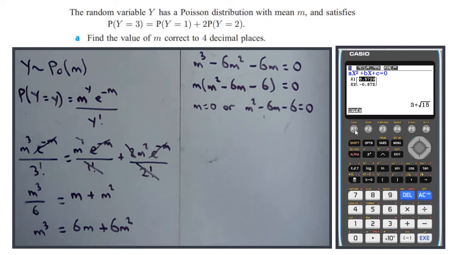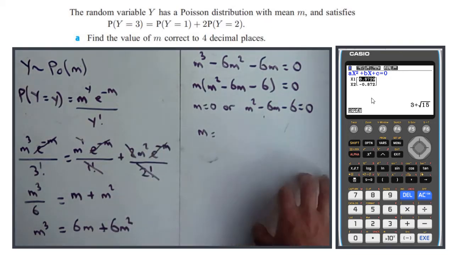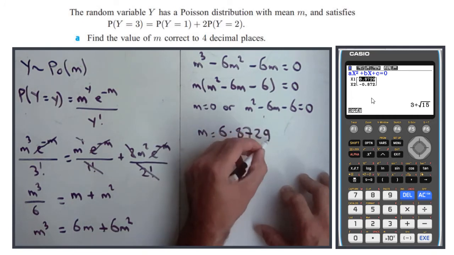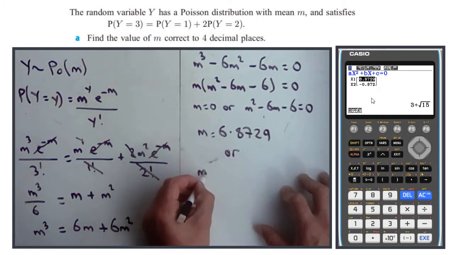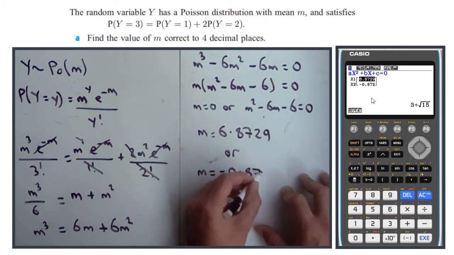Press solve, and you get 2 numbers. So m is either 6.8729. What did we ask for? 4 decimal places. 6.8729, or m equals minus 0.8729.